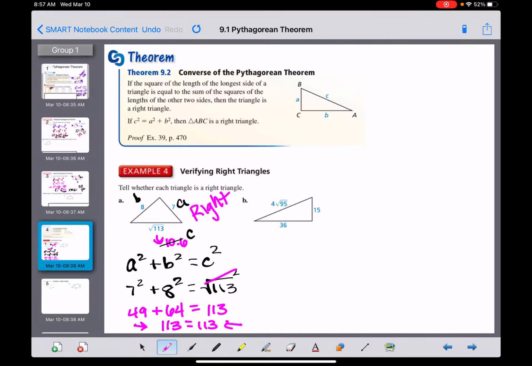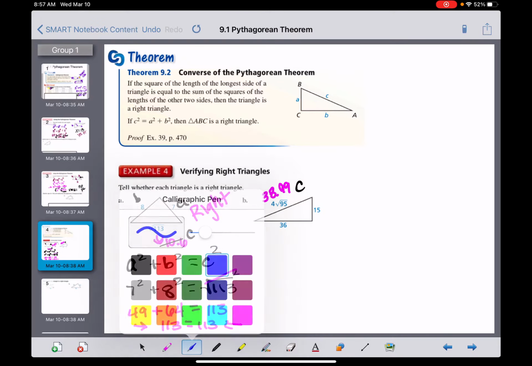All right, so let me just check to see what the square root of 95 is. So 4 times the square root of 95 is approximately 38.99. So that makes that my hypotenuse, which is my longest side. So it's very important that we establish that.